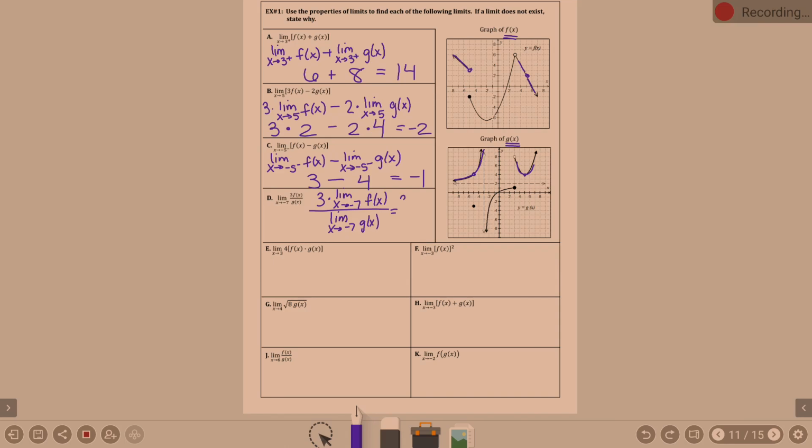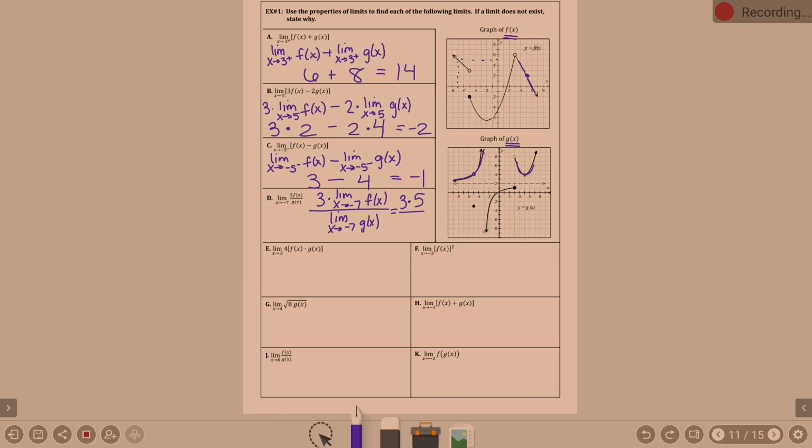So on top I know there's a 3. The limit as x approaches -7 on f of x. 5. I'm going to go for 5.